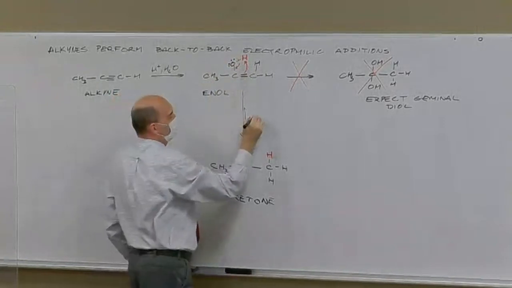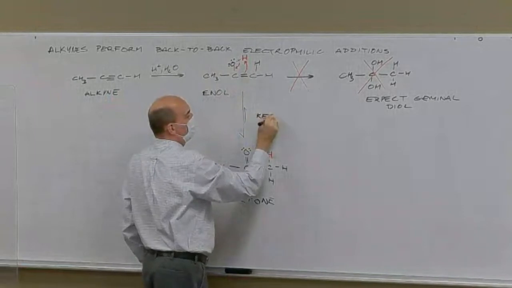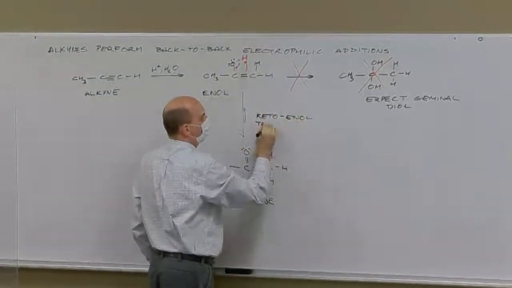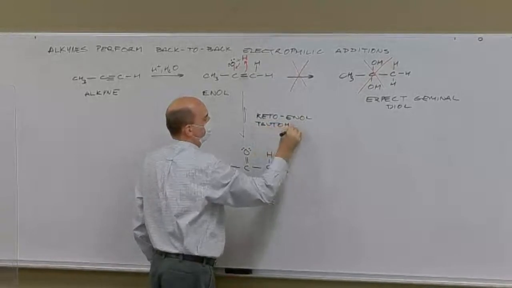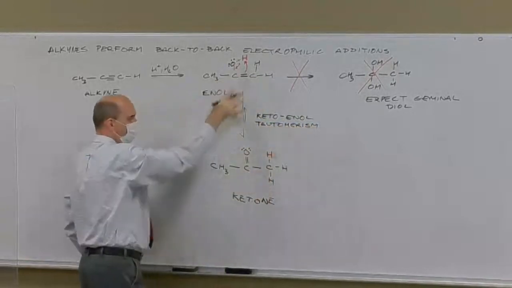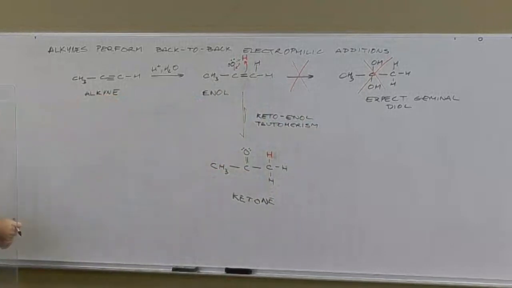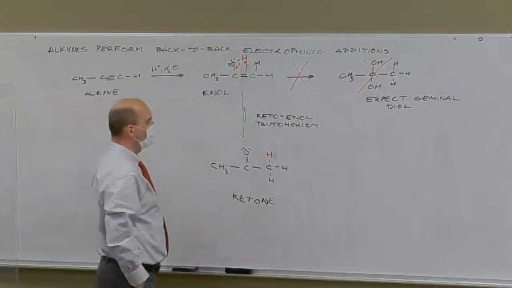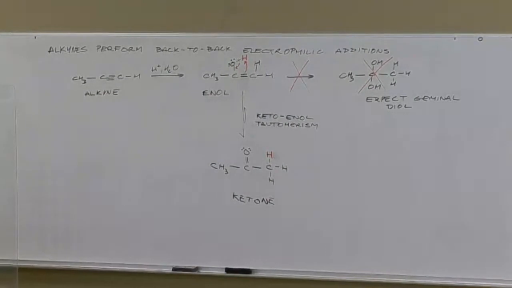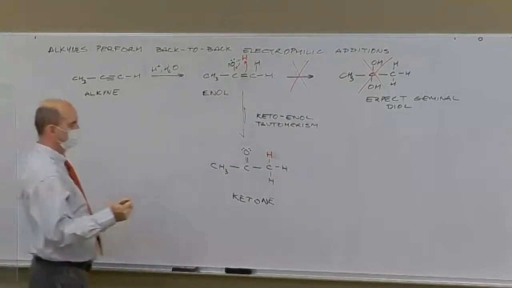So this process is called keto-enol tautomerism. And these two are isomers of one another, but we call them tautomers. And keto-enol tautomers favor the ketone form.